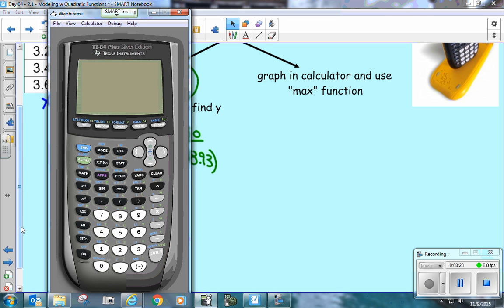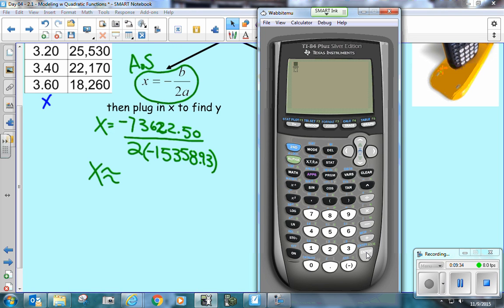Okay? Alpha y equals, enter. That sounds right. 15,358.93. I got the same. Yeah. Did you?